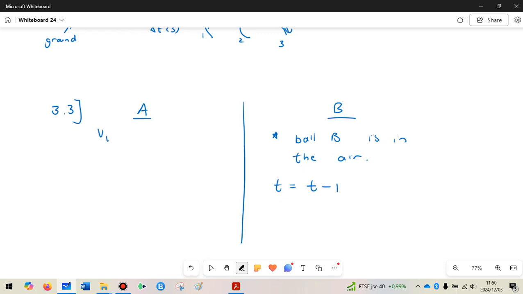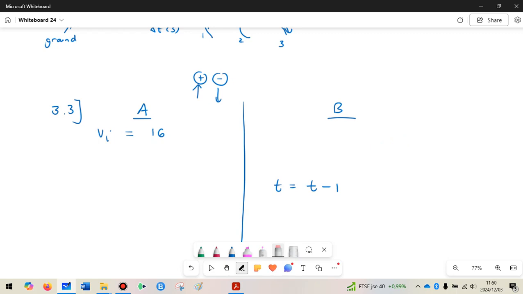So let's write down everything we have. Ball A's initial velocity was given to you as 16 meters per second. Let's just remind ourselves again, because this is where I find my students were most likely to make a mistake in this question. It's to do with the minus signs. Then you know that the value of g is negative 9.8.